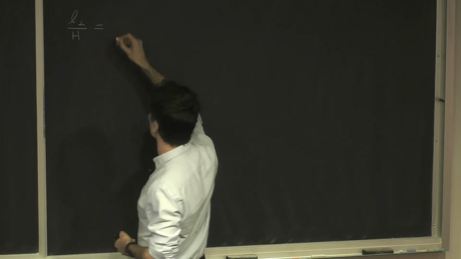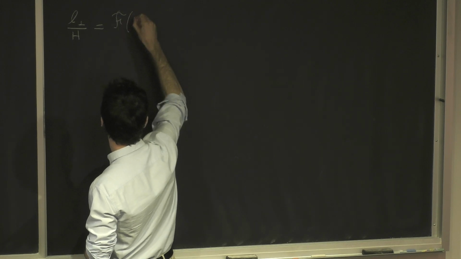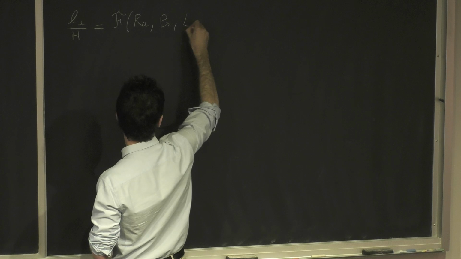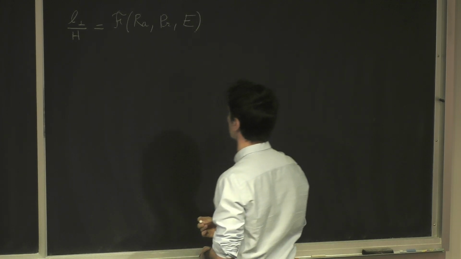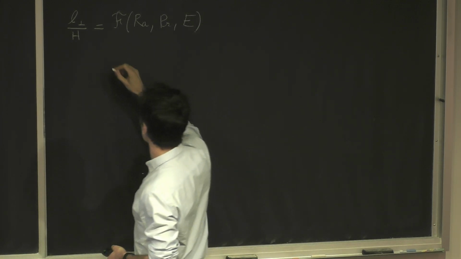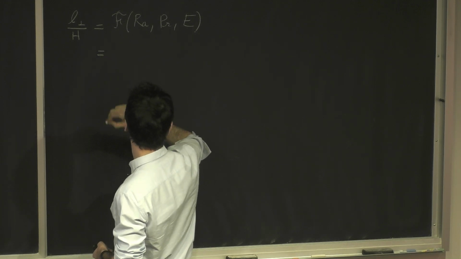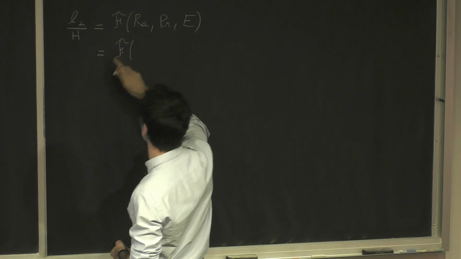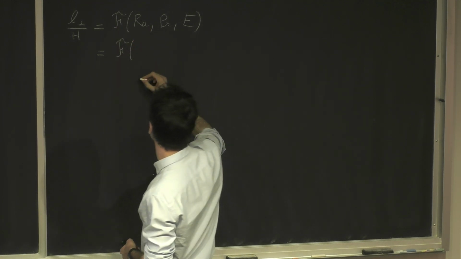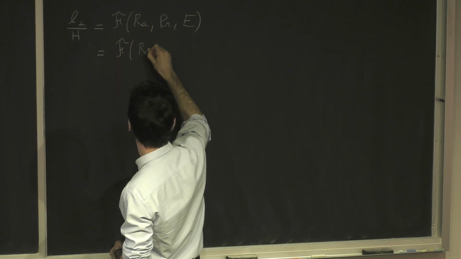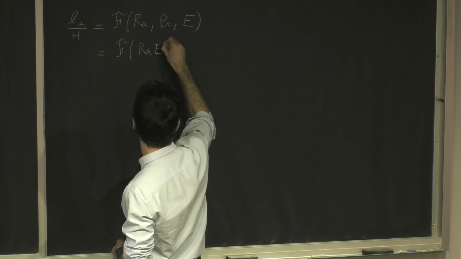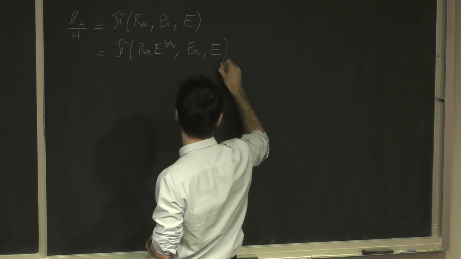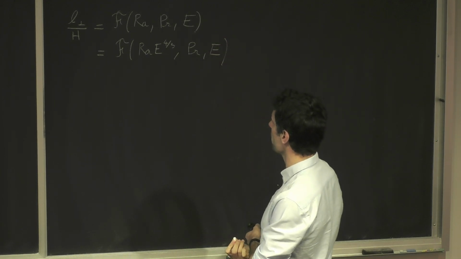A priori you'd say, well, it's some function of Rayleigh, Prandtl, and Ekman. But maybe Keith would say, you should write it as a function, F being any generic function that changes from one line to the next, maybe some function of Rayleigh Ekman to the 4/3, Prandtl, and Ekman. Why not? At this stage, it's the exact same thing.